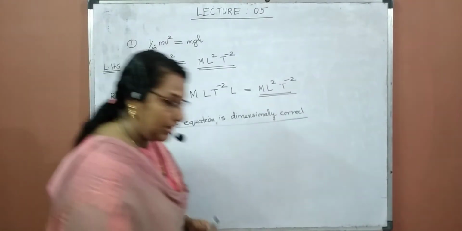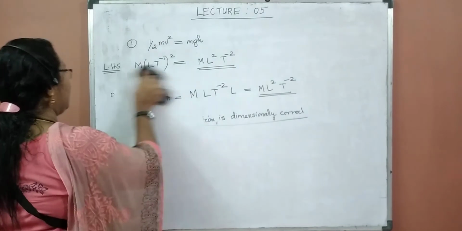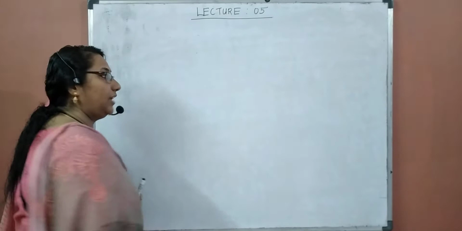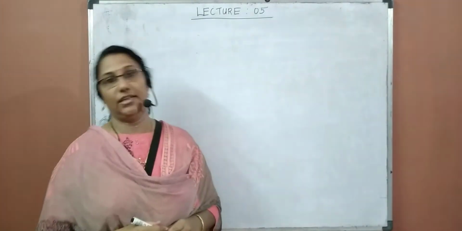We are going to the second question, where we are taking the second use. Okay, what was the second use? To convert a unit from a given system to another system.